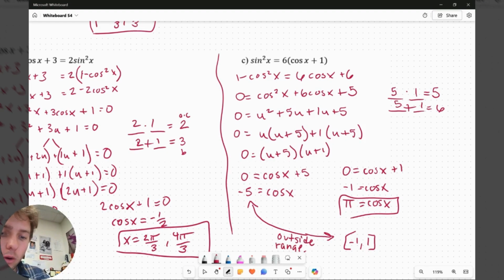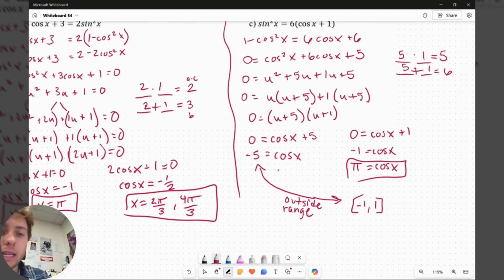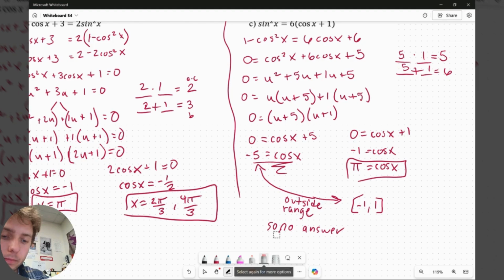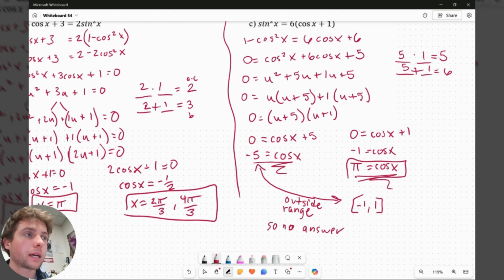So therefore, what that means is there is not an answer that works. So this part here is not solvable because it is not in that range. So no answer. The only answer we get is x equals pi.